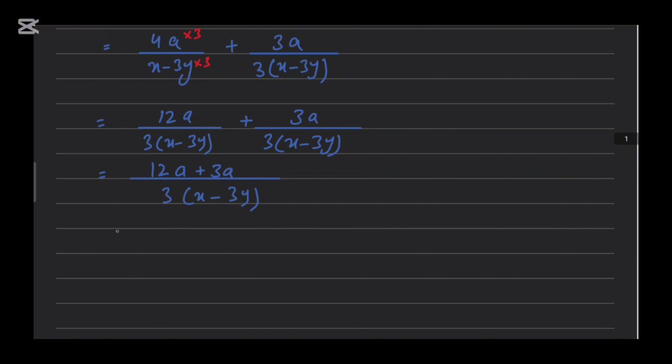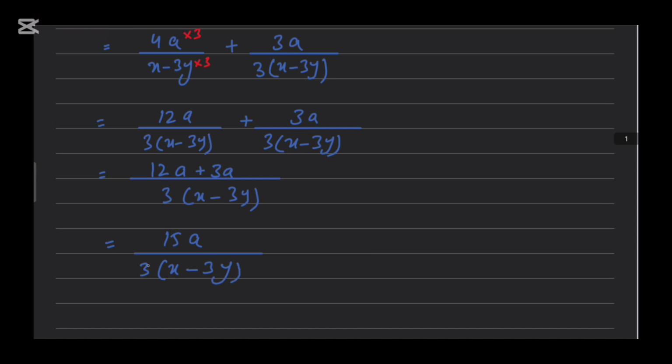What is common in the numerator? 3 is common, 3a is common. Sorry, what you have to do here, 12a plus 3a, you can add them actually. So 12 plus 3 is 15a over 3 into x minus 3y.